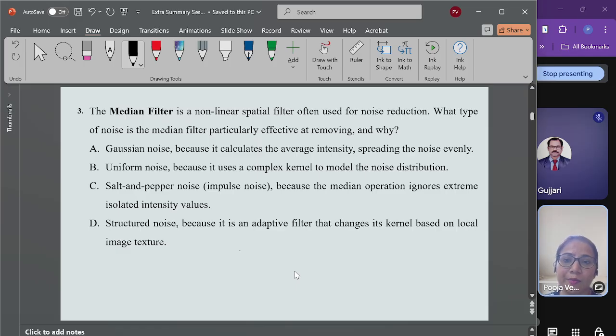And what type of noise is the median filter particularly effective at removing and why? Okay, so let's see the solution.